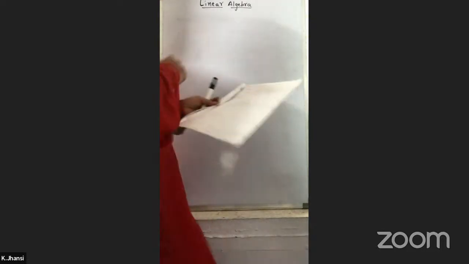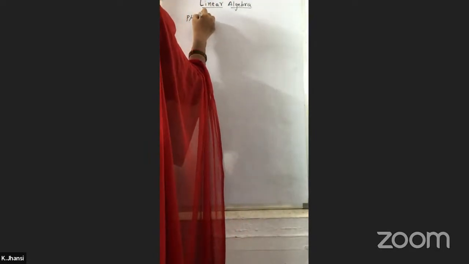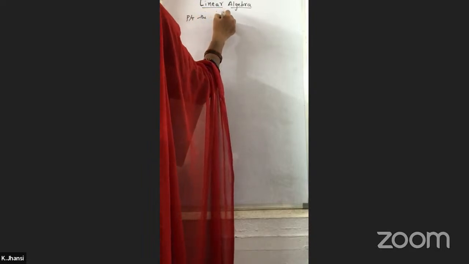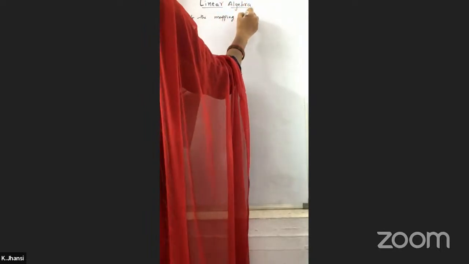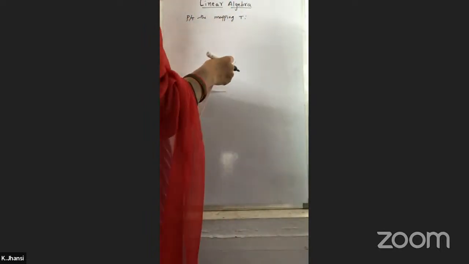The problem is: prove that the mapping T from R3 to R3, defined by T(a, b, c) = (2a + b, b, a - b + c), is invertible.